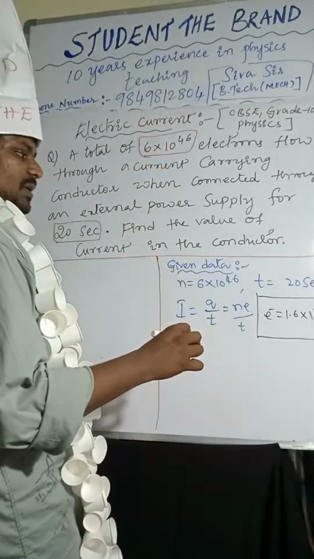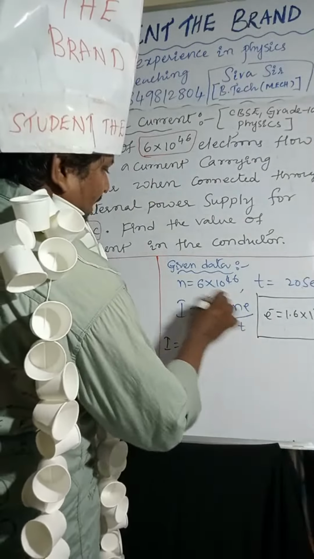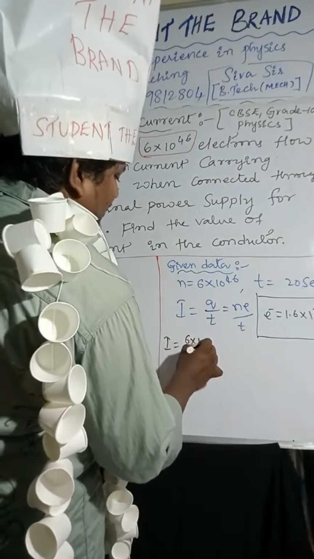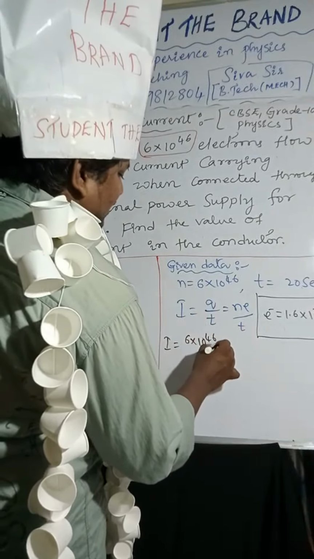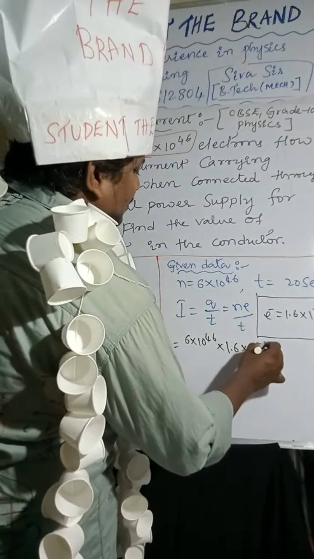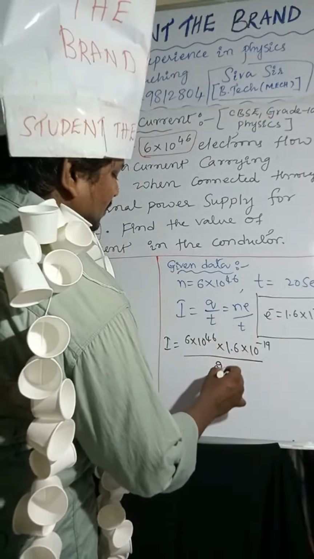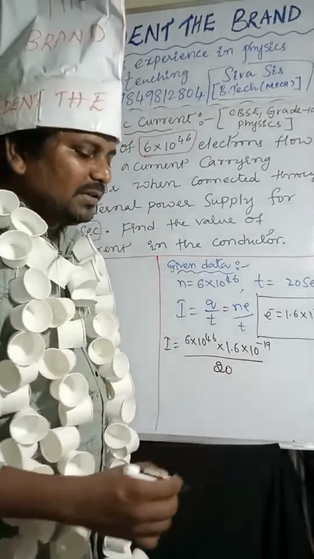Compulsorily you have to remember that value. Now substitute: I equal to 6 into 10 power 46 into 1.6 into 10 power minus 19, divided by t, which is 20 seconds.